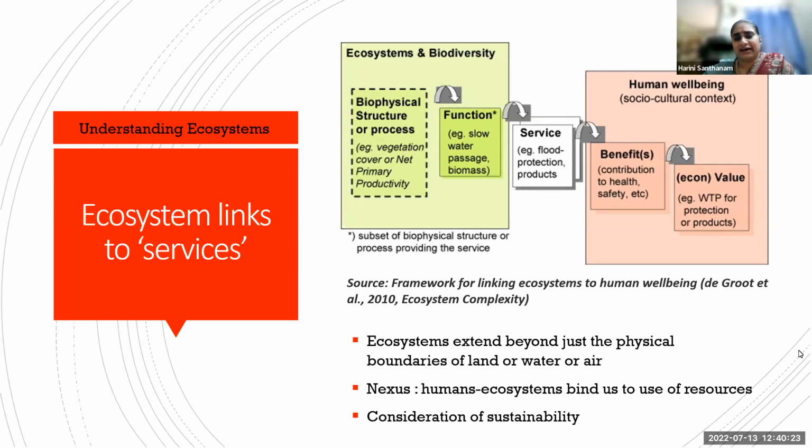It is the value addedness that human beings give to these services which makes it economically viable or economically significant. So here you see a term called willingness to pay or WTP for protection of these products so that they can be enjoyed sustainably by human beings over longer periods of time.